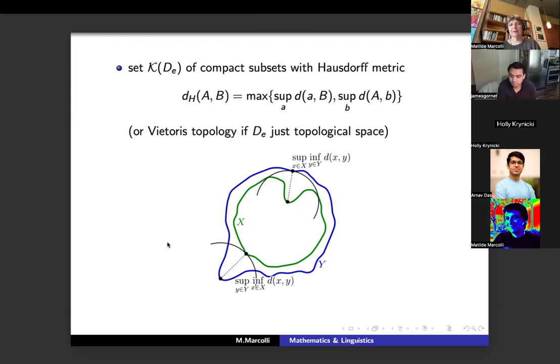The explicit expression for the distance may take a moment to parse, but basically one way to think of it is that you inflate one of the two until it contains the other one, and vice versa, and you take the minimal such inflation of the two. Another way to see it is as the maximal of the distances between the two sets.